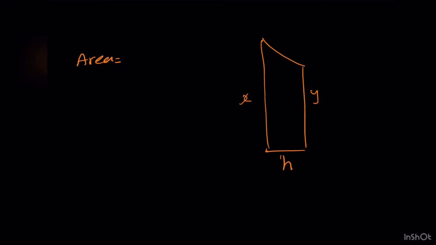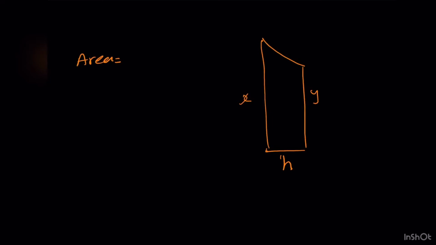If we have this trapezium, and this is the width h, and the two parallel sides are, let's say, x and y, then the area of the trapezium is the average of the sum of the parallel sides multiplied by the distance apart.